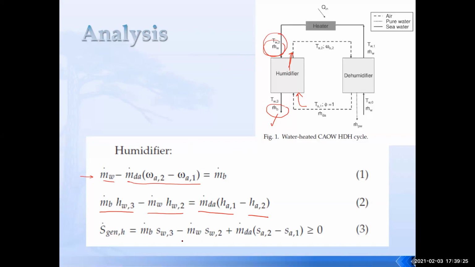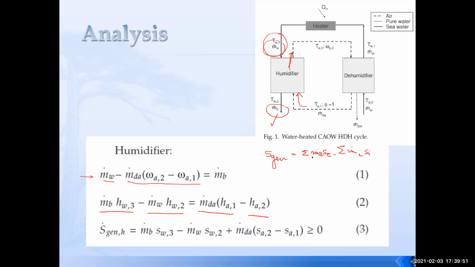And then we have a second law expression which is written here. Normally the second law expression can be written as the entropy generation is going to be in balance with sigma m dot exit s exit minus sigma m dot inlet s inlet.